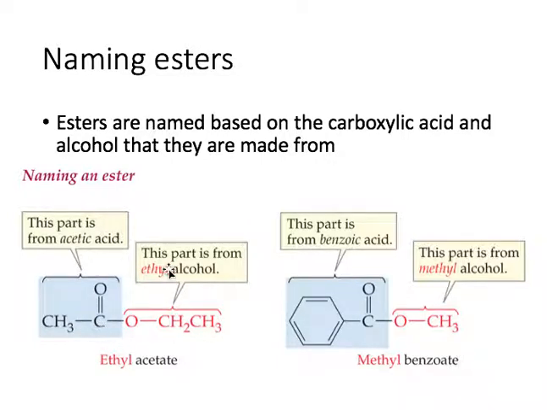So, as I mentioned in my example, the ethyl alcohol portion becomes the branch name, so that becomes ethyl, and the acetic changes to ate, so it's ethyl acetate. This would be called benzoic acid. This is from methanol or methyl alcohol, so we call this methyl benzoate. So benzoic becomes benzoate. So it's simply called methyl benzoate.